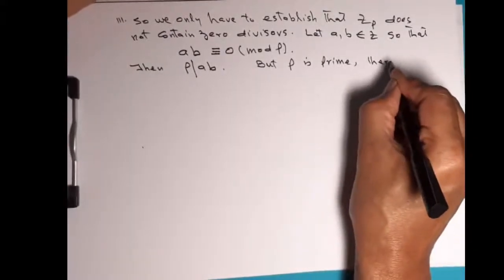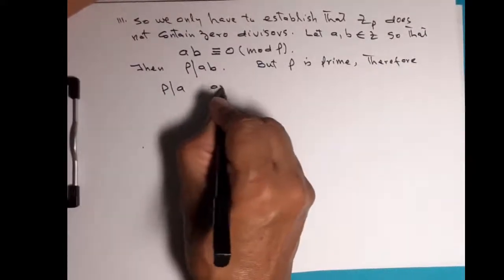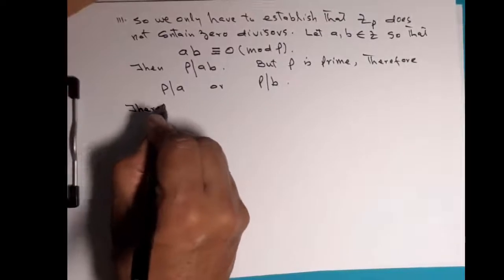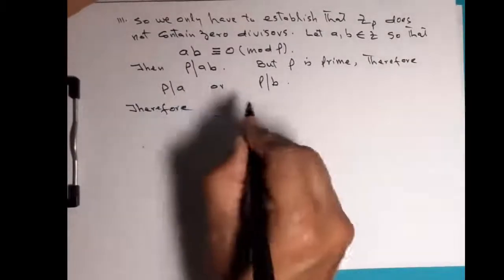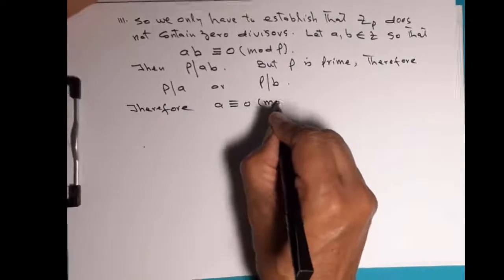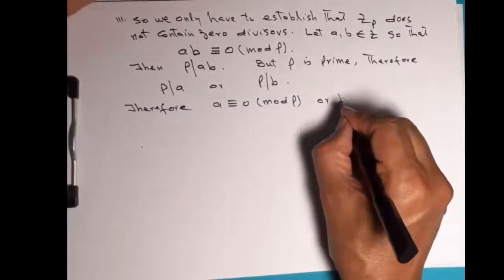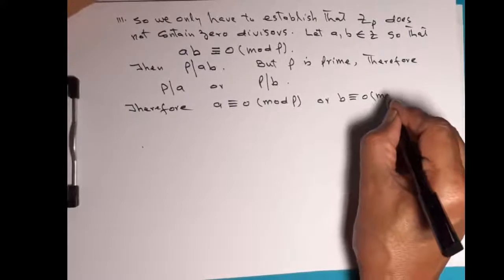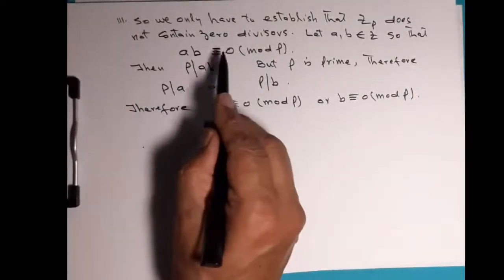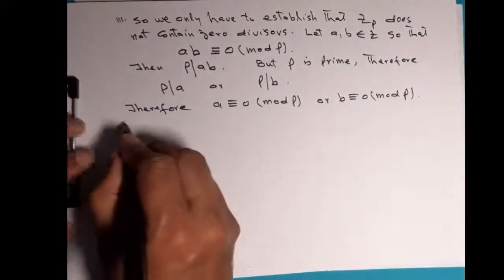Therefore, as we have seen previously, P divides A or P divides B. Now if P divides A, then A is congruent with 0 mod P, or if P divides B, then B is congruent with 0 mod P. So we have proved that if the product of A and B is 0, then either A is equal to 0 or B is equal to 0.